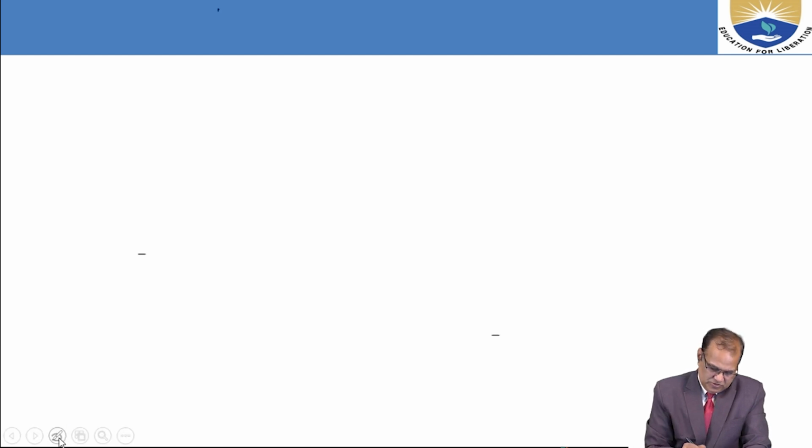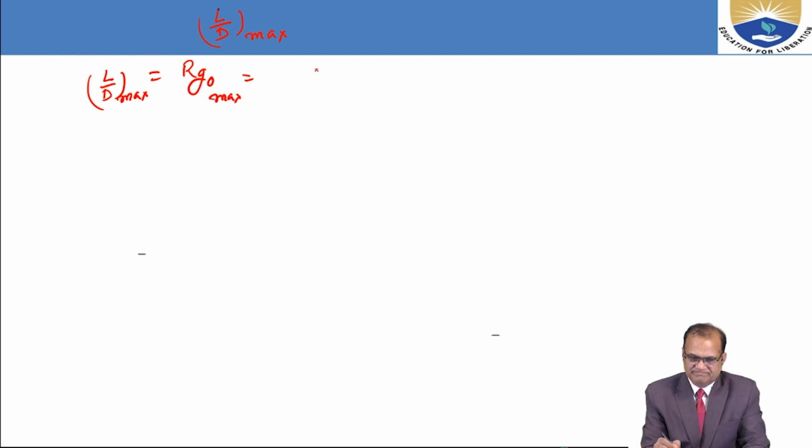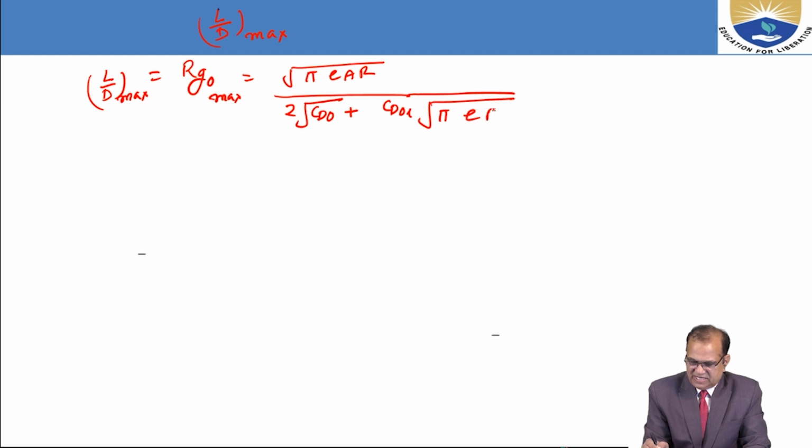So L by D max is equal to Rg naught max. This is equal to under root pi E aspect ratio divided by 2 under root CD naught plus CD naught L under root pi E aspect ratio.